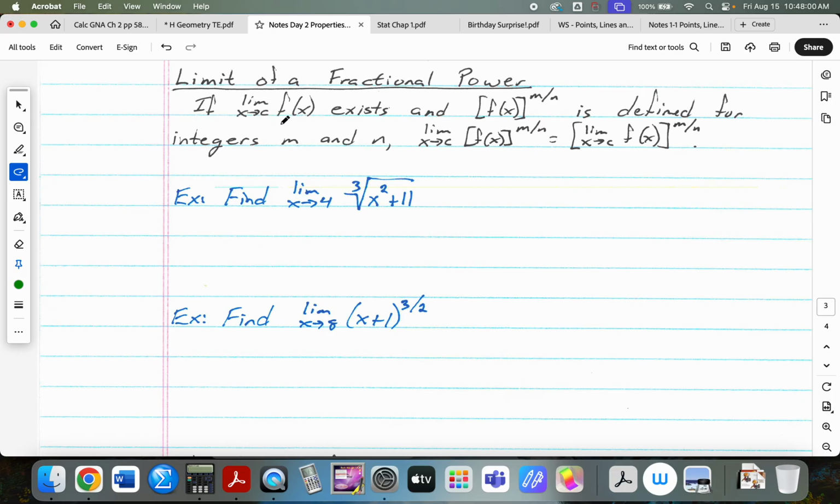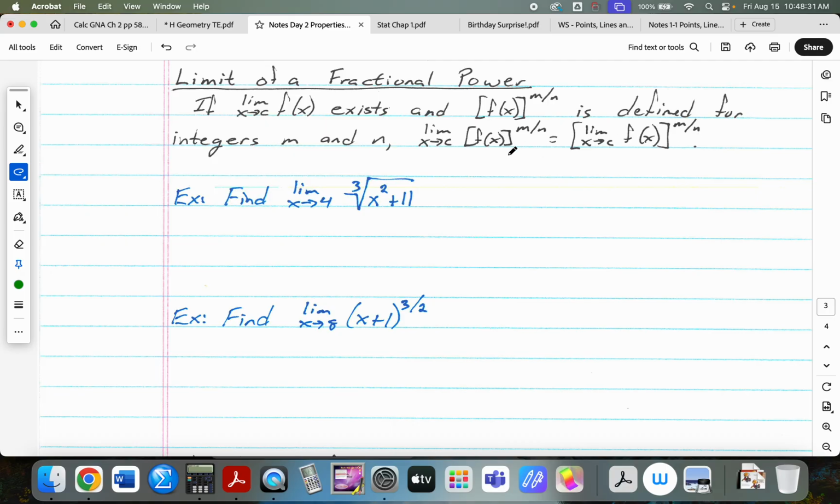So if the limit as x approaches c of f of x exists, and f of x to the m over n power is defined for integers m and n, then the limit as x approaches c of f of x to the m over n power is simply the limit as x approaches c of f of x raised to the m over n power.